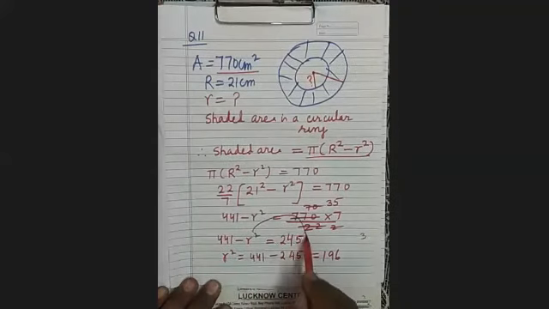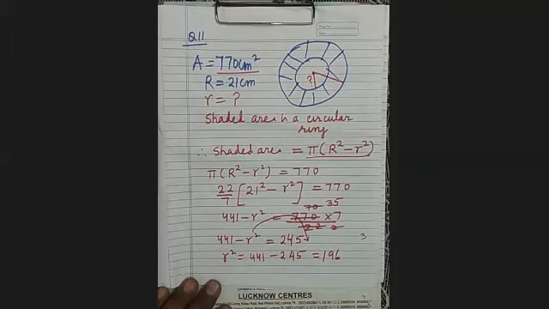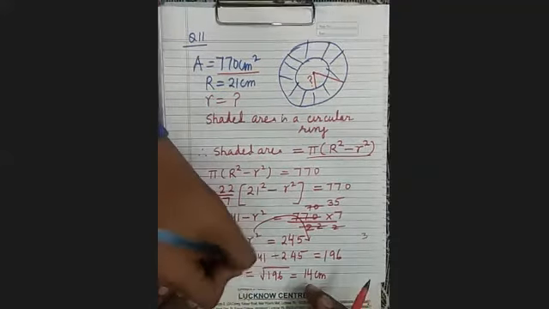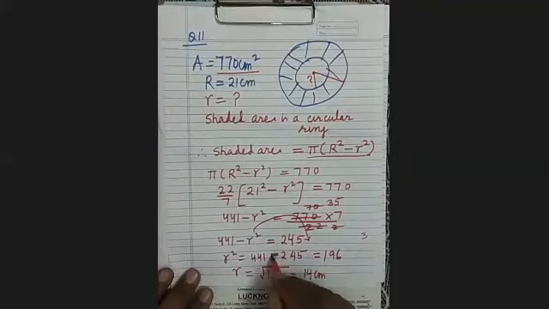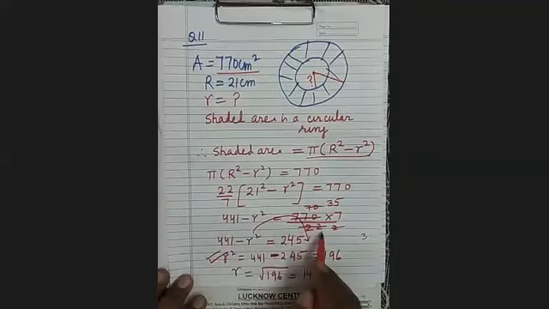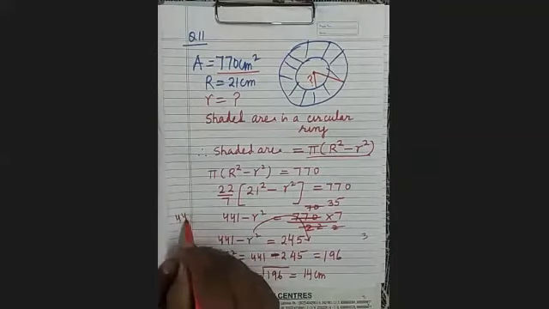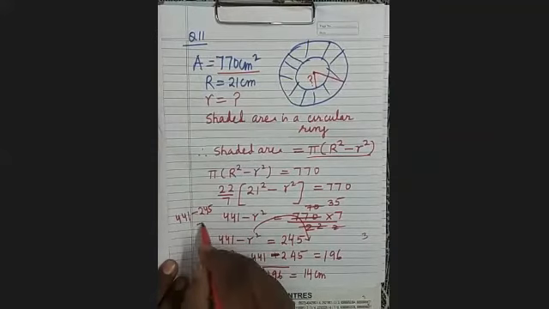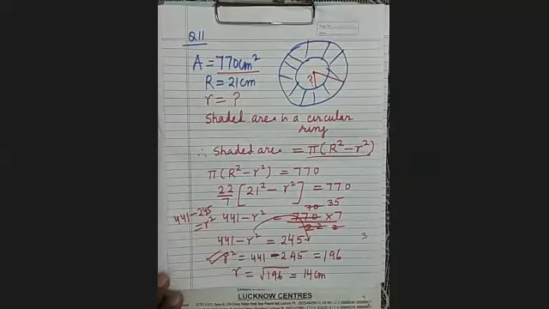When you take r square in this side, it will become plus 245 in that side. So what will be r, square root of 196? That is 14 centimeter. 196 का square root 14. It is correct, because when you take in that side, it will be 441, 245 को LHS में ले आए. Equals to r square. It's clear?